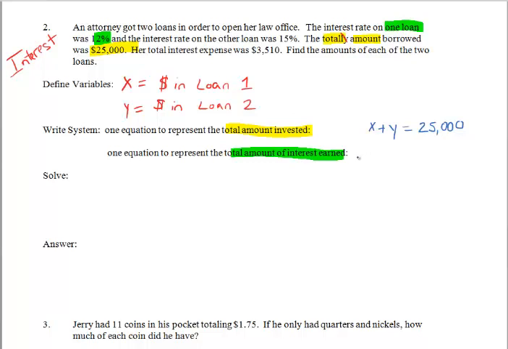I always represent percents as decimals, so 0.12 times X plus the interest rate on the second loan was 15%, so 0.15 times Y, and equals my total amount, $3,510 that I got off of interest, total interest.